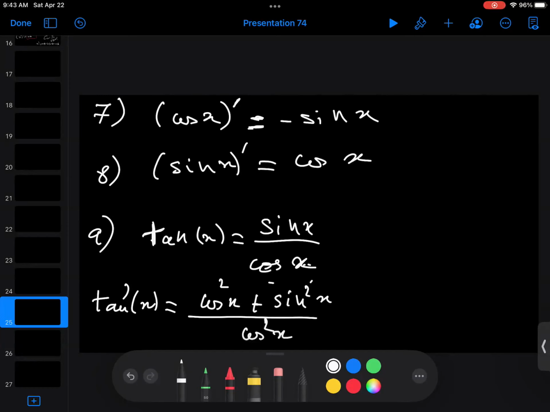I just use the derivative of the quotient of two functions. And so this one, I can write it either as 1 plus tan square, or, because cosine square plus sine square is always 1, this is also equal to 1 divided by cosine square of x.